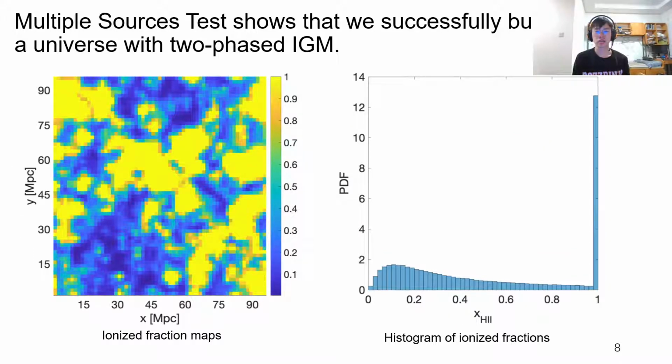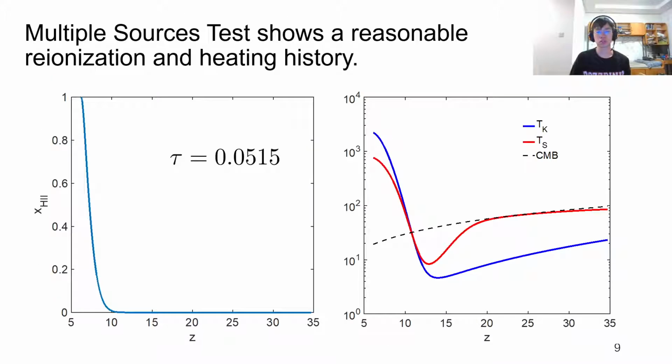We also test our algorithms in a cosmological density field and find that we can successfully build a two-phase IGM, either neutral or ionized. The global histories of ionization and heating are also consistent. From the global history of ionization, we find that the CMB optical depth is around 0.0515, which is consistent with Planck 18 results.